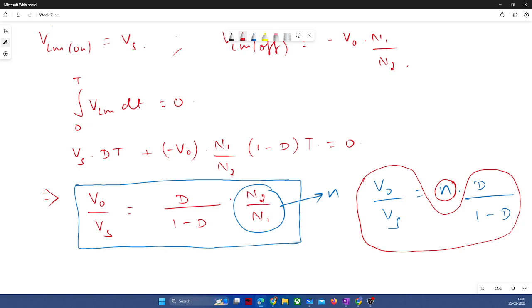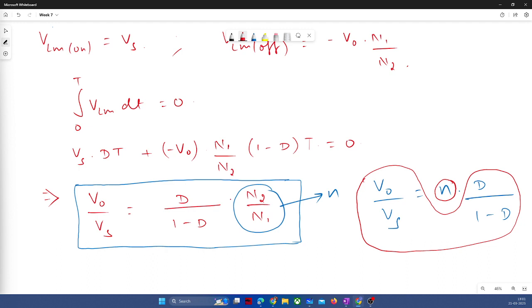Sir, is this topology best suitable for high voltage, low current output? Yeah. Normally, the earlier TV high voltage generation was made with this type of topology, flyback.